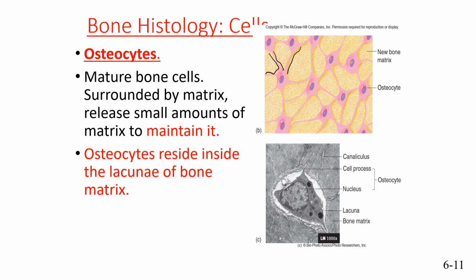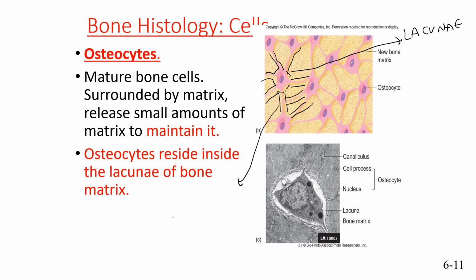These cells reside inside the spaces of matrix called lacunae, and they connect with each other via extensions of their cytoplasm that travel through small canals called canaliculi. That's the lacuna of the bone matrix where the osteocyte is found.